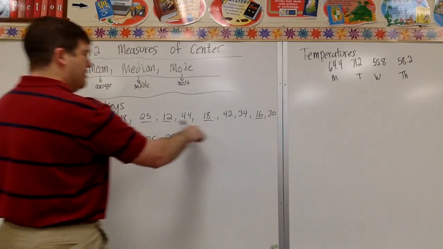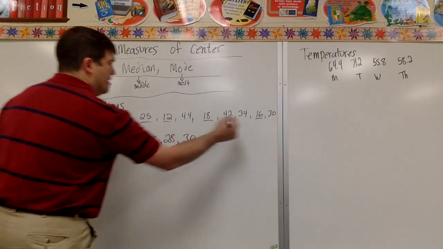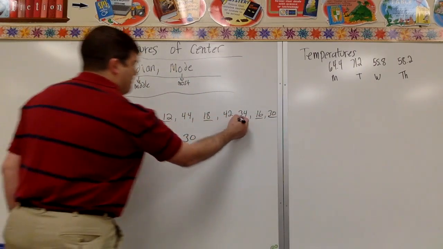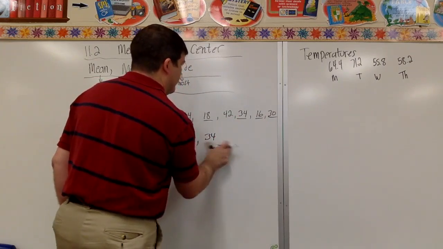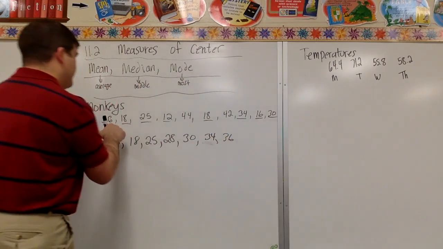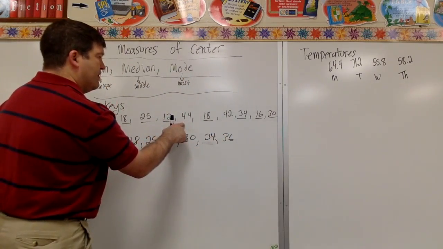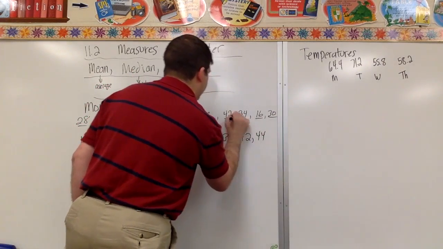I don't think there's anything else in the 20s, but I do have a 30 here. And then I have a 34. Oopsie, I don't need to underline that one. That's 34. Then I have a 36. Then I have a 42 and a 44.